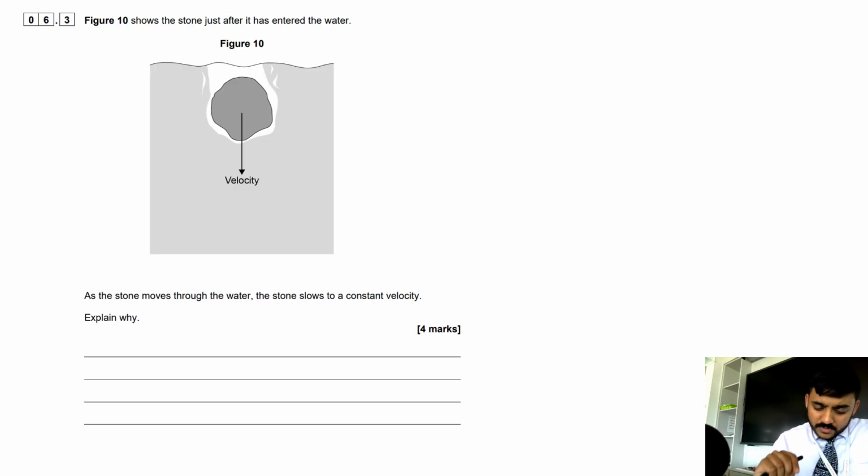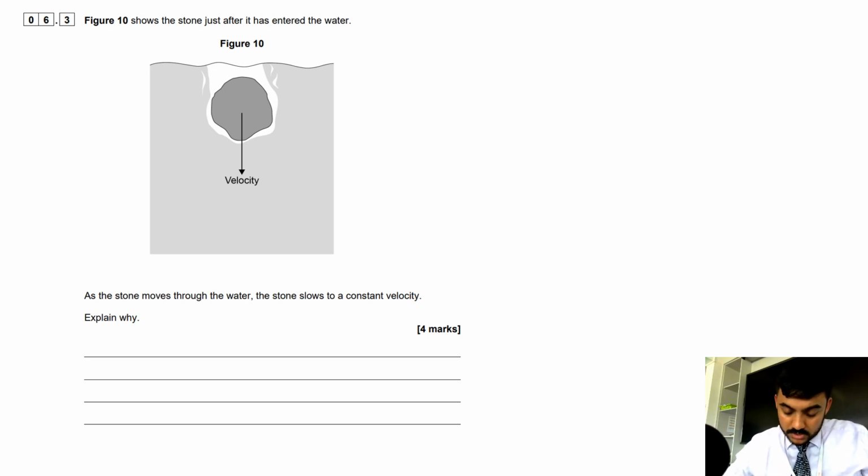6.3 says, figure 10 shows the stone just after it's entered the water. As the stone moves through the water, the stone slows to a constant velocity. Explain why. So what has happened as the stone moves through the water?